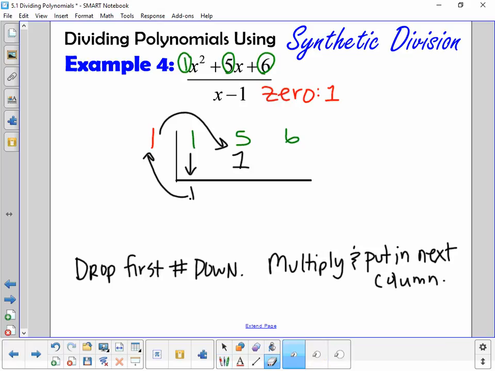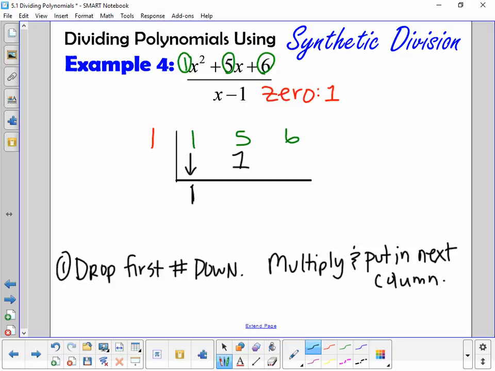And then your next step is that you add it up. Whoops, I erased my 1. Didn't mean to. Add it up. So we drop it down, we multiply, and then we add it up. And that adds up to 6.